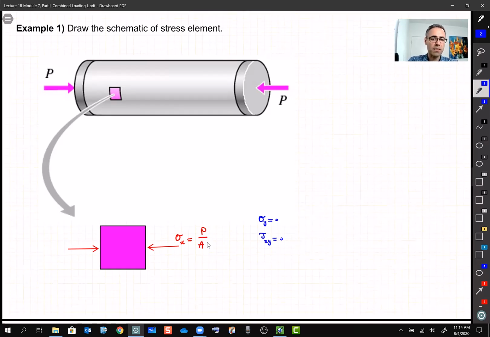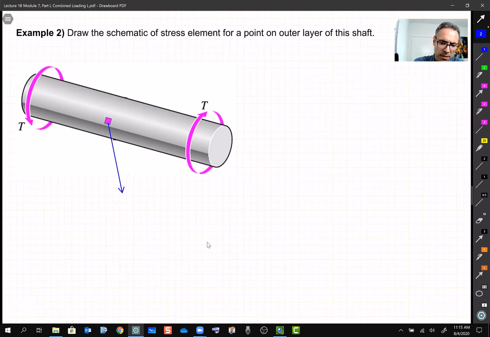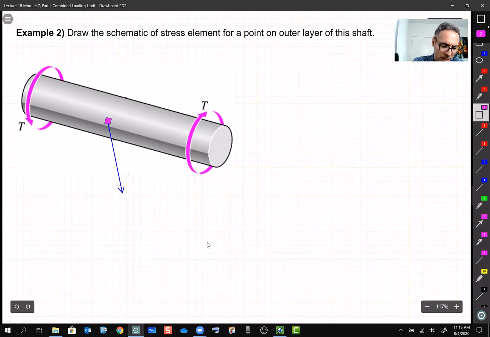Let's move on to another example. This one is under torsion. We want to draw the stress element for this one. Again, let me draw a bigger element here.